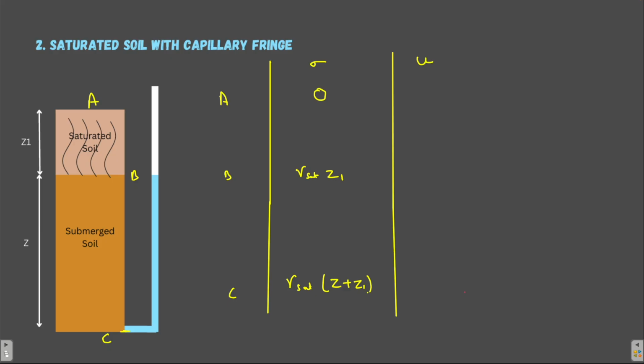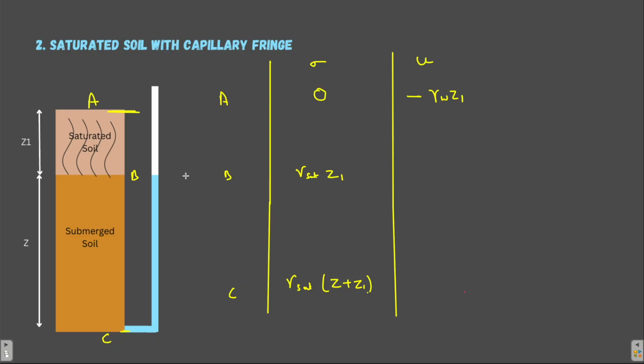Those who don't know about that, kindly go through that video, the link of which I'll be giving you in the description box as well as in the information button. So whenever the soil is having a capillarity action, the pore water pressure is negative. The water is in tension. So the pore water pressure which will act here will be minus of gamma W into Z1.